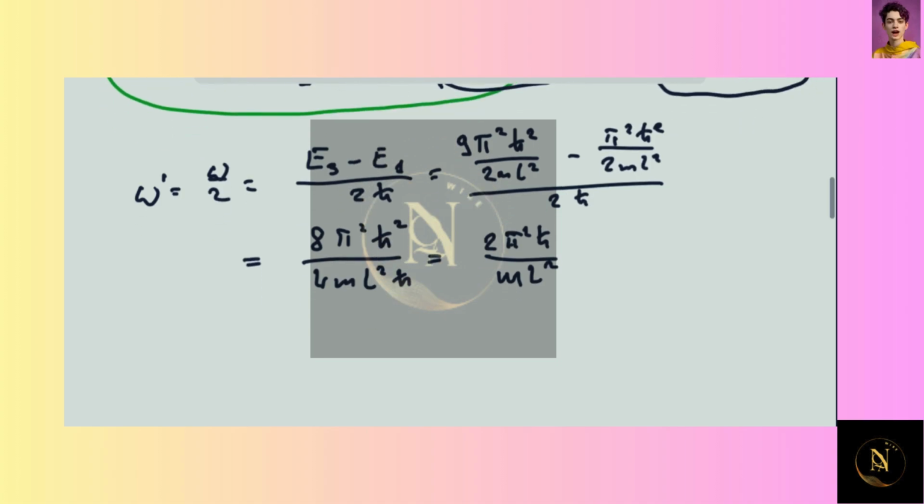And we're going to find that it simplifies to omega prime being equal to 2 times pi squared h bar over m times L squared. So this is going to be the actual angular frequency with which the probability distribution function oscillates.